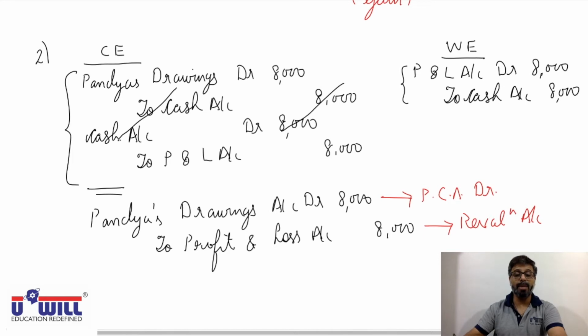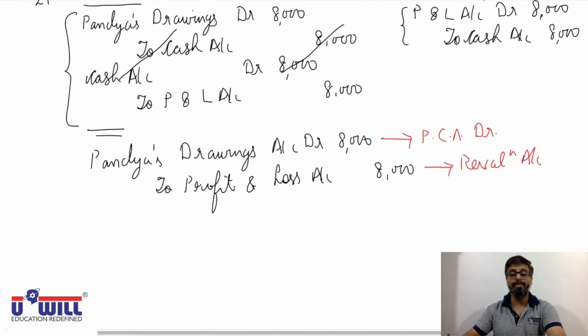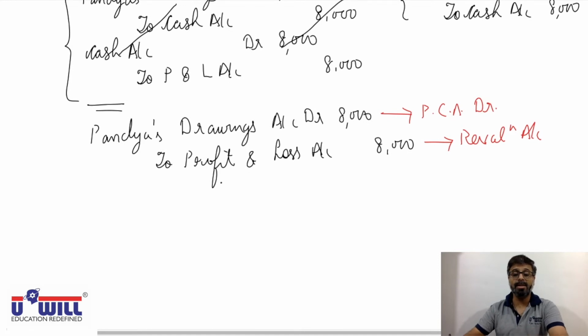So cash account debit and credit gets cancelled and closed. The combined entry is Pandya's drawings account debit to profit and loss account. Now from admission of partners point of view, Pandya's drawings account debit means we will write Pandya's capital account on debit side, and to profit and loss account means we'll write to revaluation account on credit side.